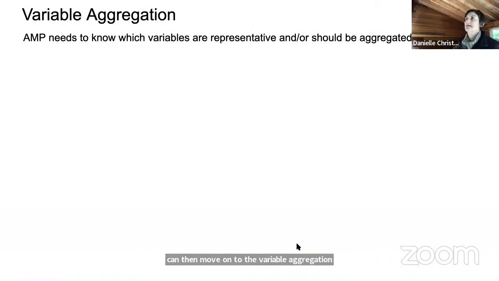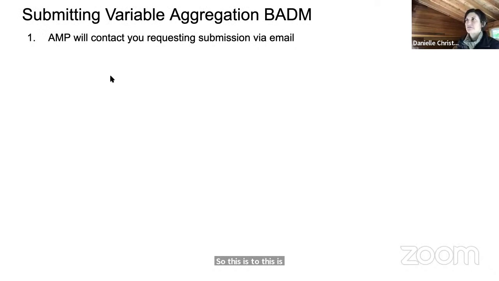So again, this is the information that we need to be able to understand which of your base variables are representative of the site and/or how we should aggregate some of them. This is how we collect this information.